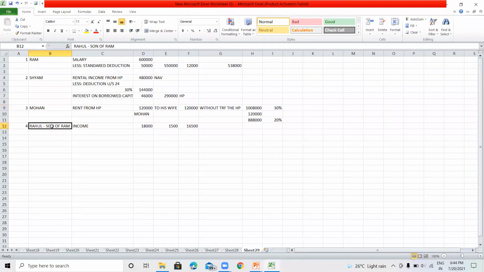Meaning, Mr. Rahul is the son of Mr. Ram, and he earned 18,000 rupees as income.